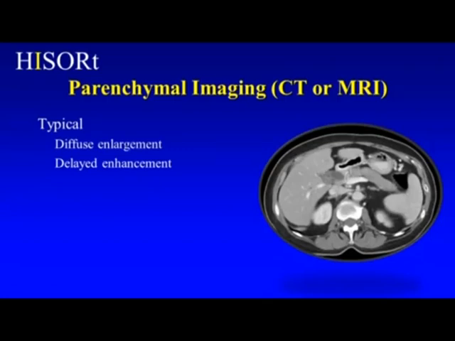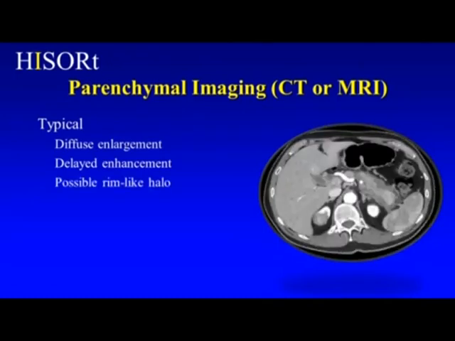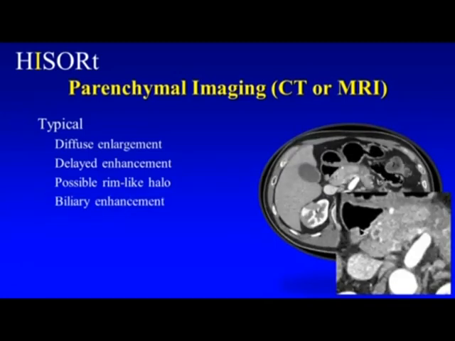The typical or classical appearance on a CT scan would be the presence of diffuse enlargement with delayed enhancement. And here you can see this diffusely enlarged sausage-shaped pancreatic body and tail, and that's highly suggestive of autoimmune pancreatitis. Sometimes we get this rim-like hypodense halo around the pancreas.